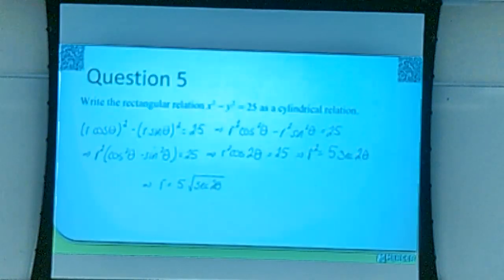2 theta, and 2 times pi over 4 is pi over 2, cosine would be negative there, which means secant would be negative.